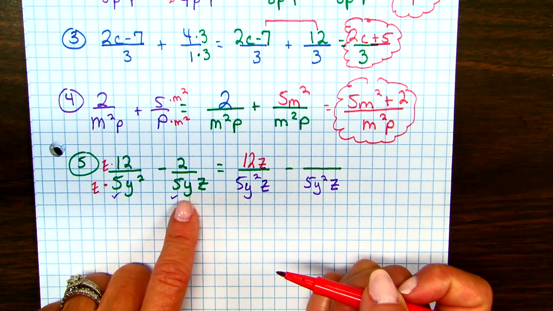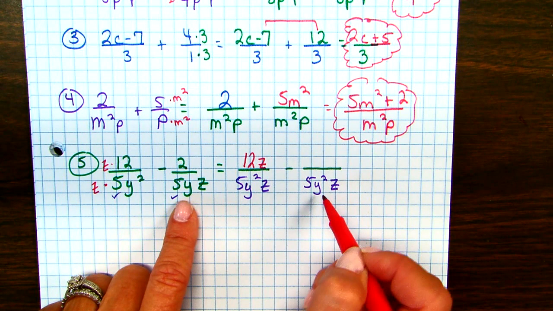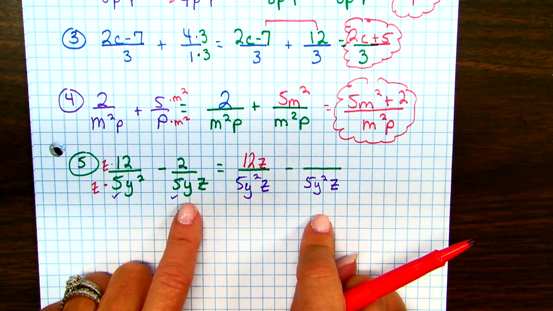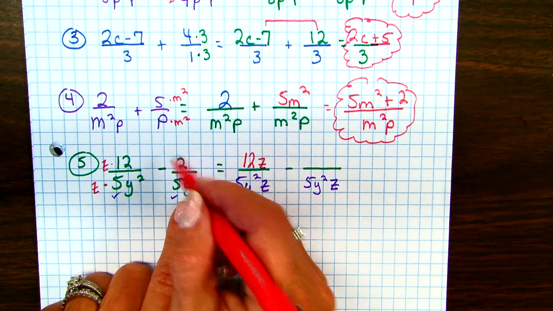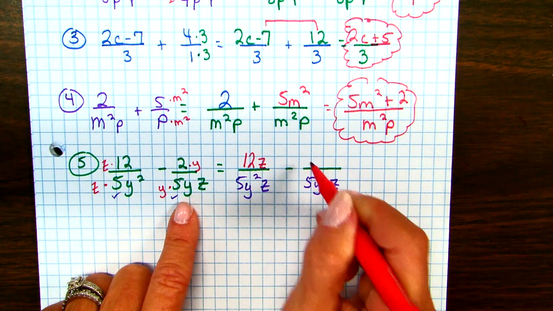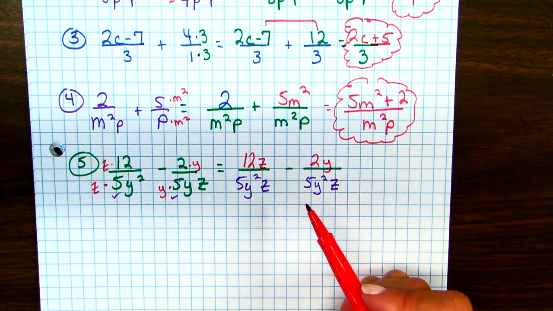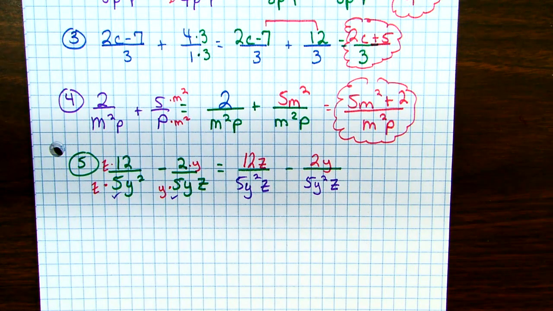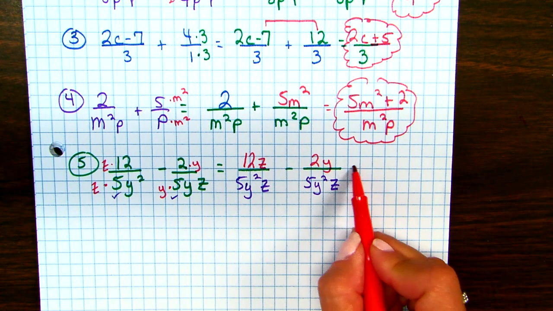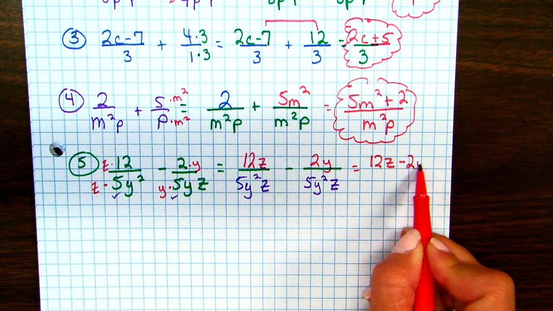What are we missing in our second denominator? A y. So think of it this way. There's 2 y's on the right, only 1 y here. We need to multiply by another y. Now I didn't have to do a distributive property here. It's just 2 times y is 2y. So this minus is not as tricky as some of the other times we've seen. So 12z minus 2y, right?